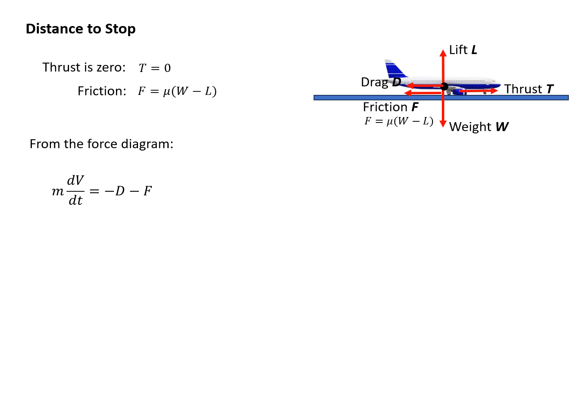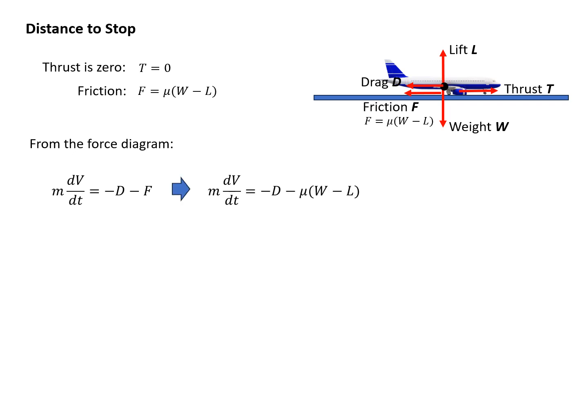According to the force diagram and applying Newton's second law, on the left hand side is mass m times dv over dt, which equals minus D minus F, because acceleration is opposite to the drag and friction. So we define the direction along the runway as positive.